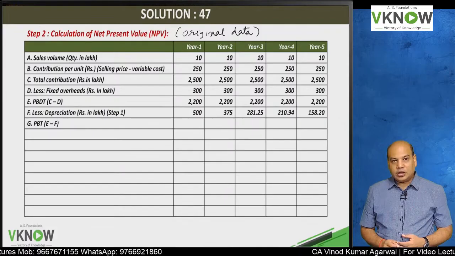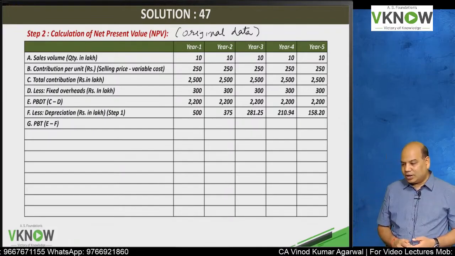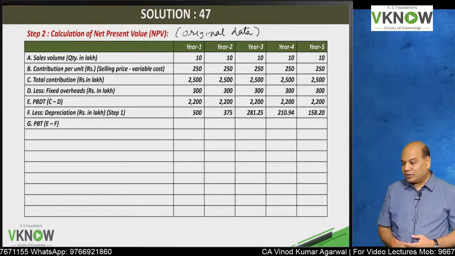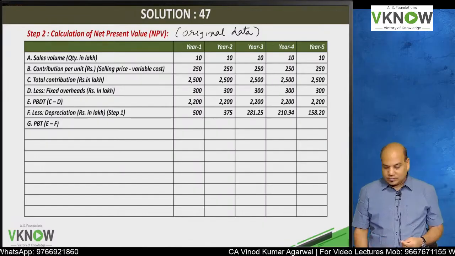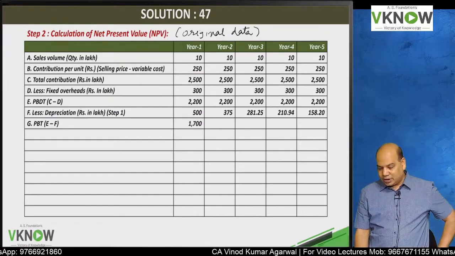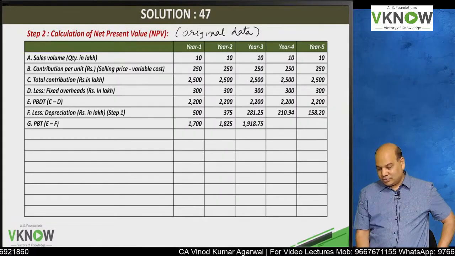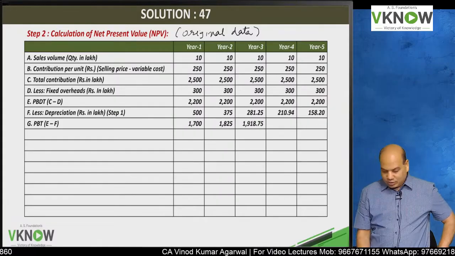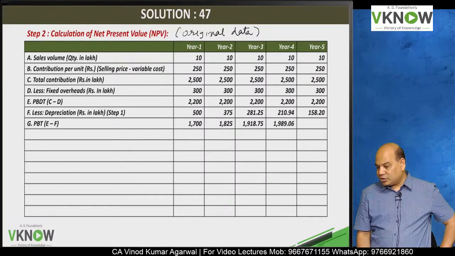Okay, then write down PBT, profit before tax, E minus F. Come on students, 2200 minus 500, 1700, 1825, 1918.50, 1918.75, 1989.06, please check.